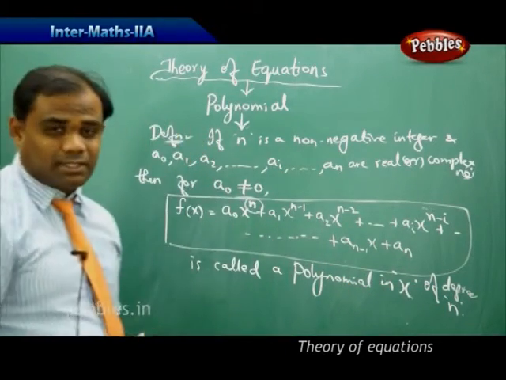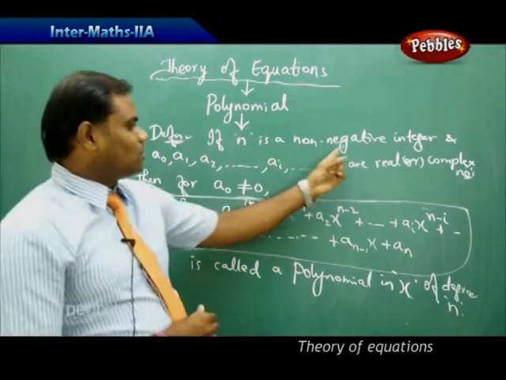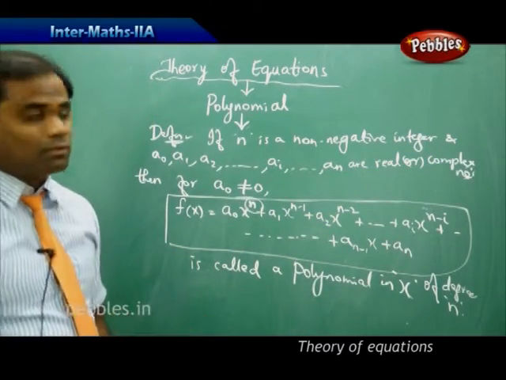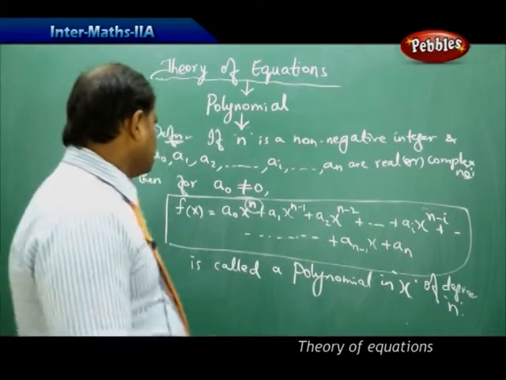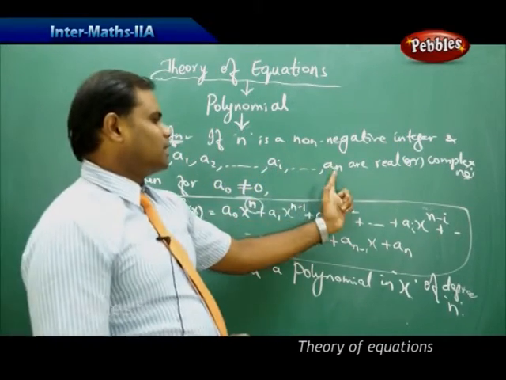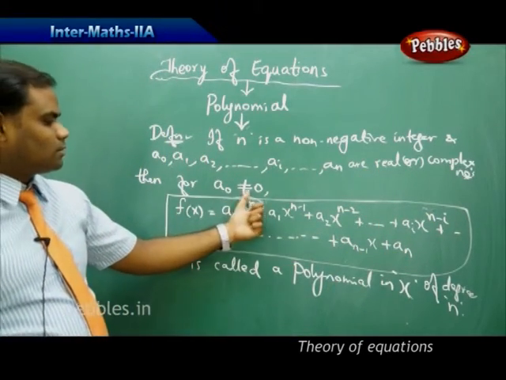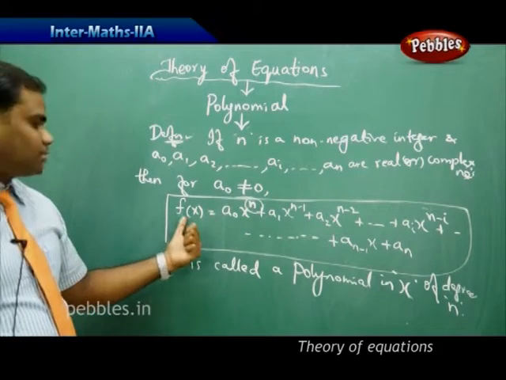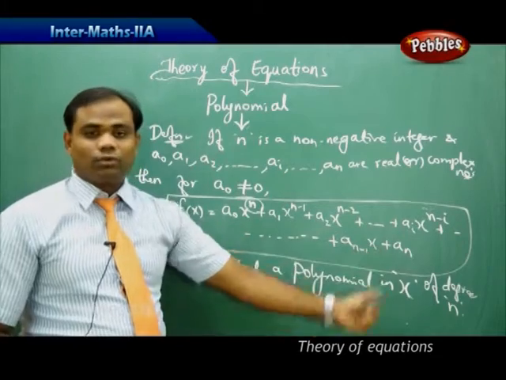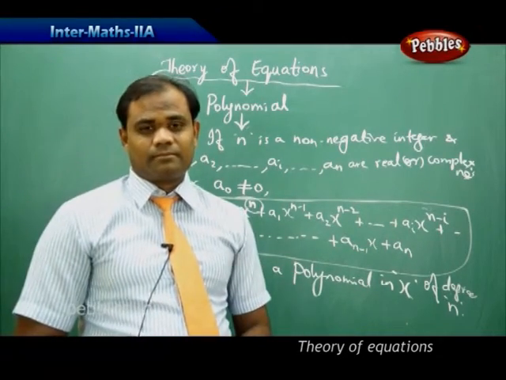So the definition includes all the factors here, which says that if n is a non-negative integer, that is, it can be either positive or 0, and a0, a1, a2 till ai, so on and so forth till an are real or complex numbers, then for a0 not equal to 0, my function f of x equals a0 x power n plus a1 x power n minus 1 and so on is called a polynomial in x of degree n.